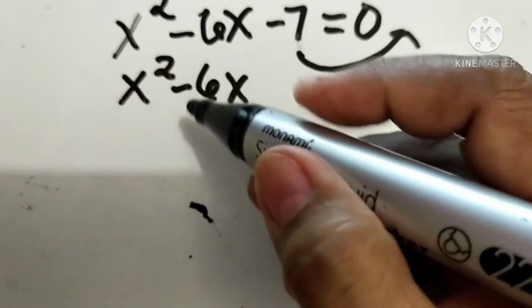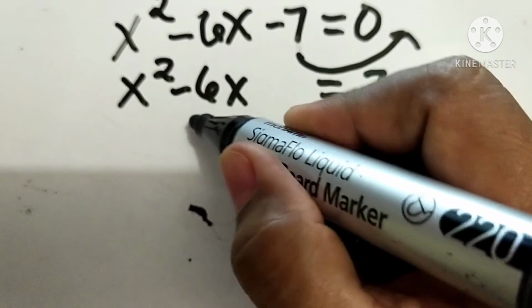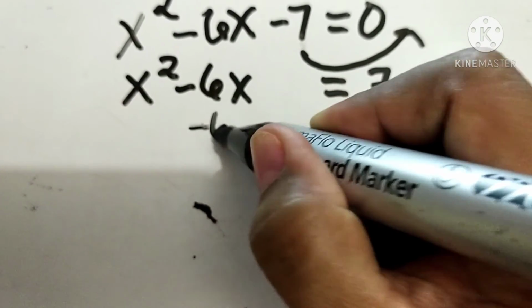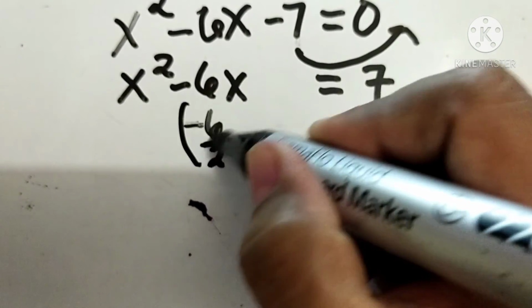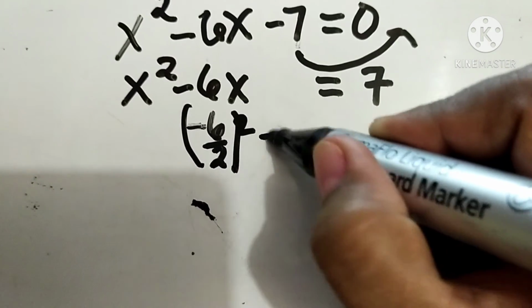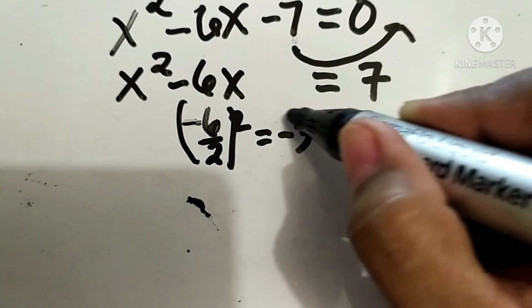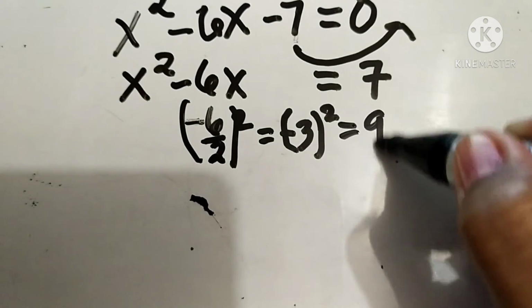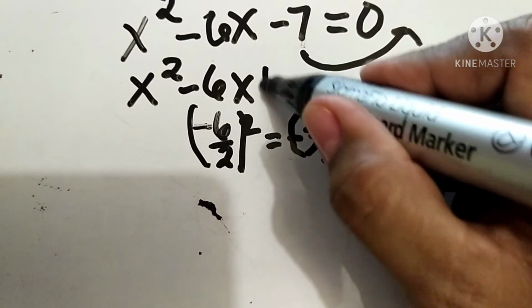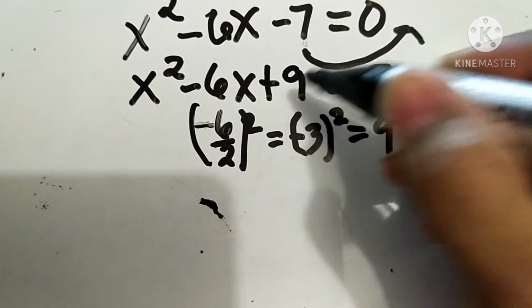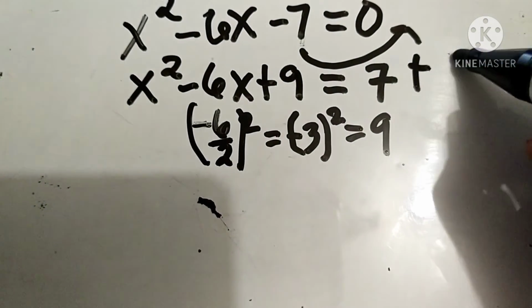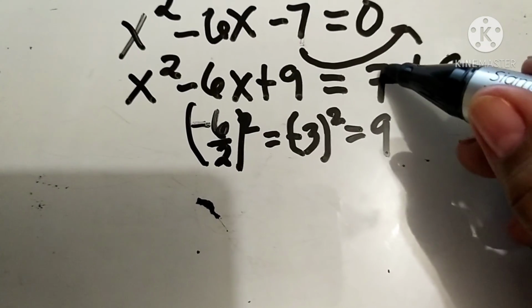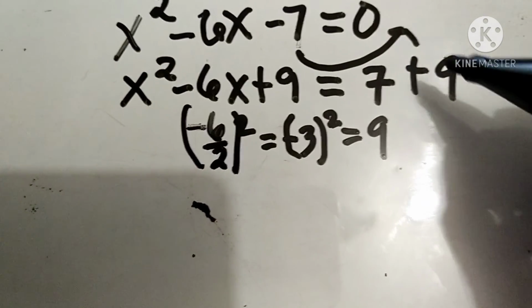So we'll get 1/2, 6 over 2 squared, and that is negative 3 squared, and that is 9. So ang i-add natin both sides is 9. Dapat both sides. Kung may number na dito sa kabila, both sides na mag-a-add.